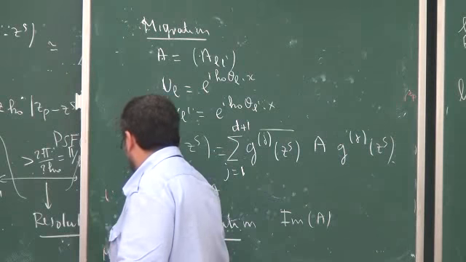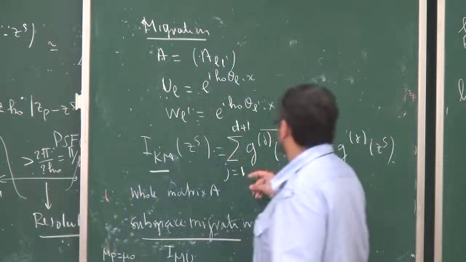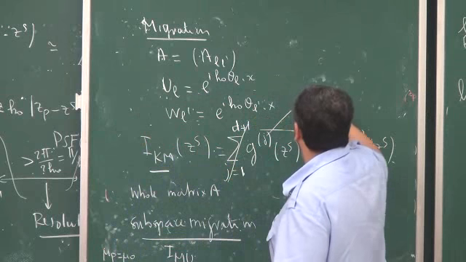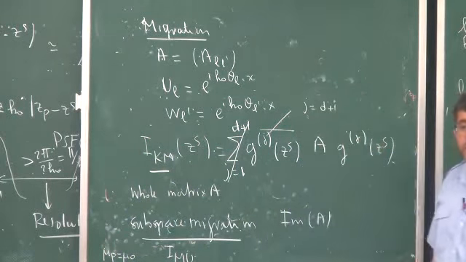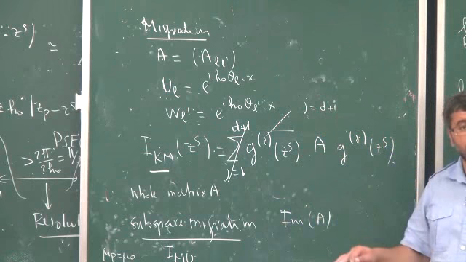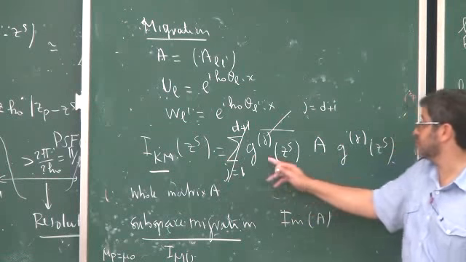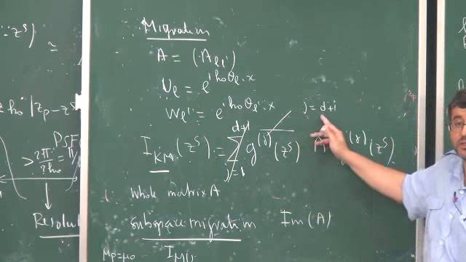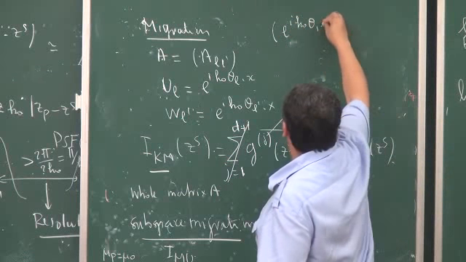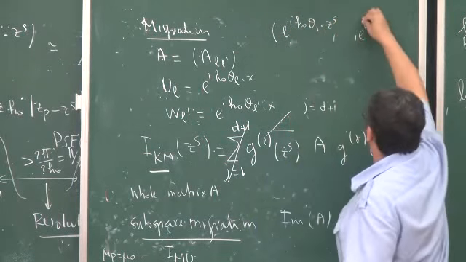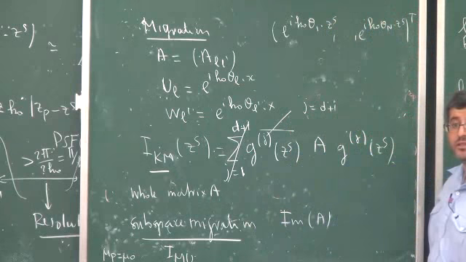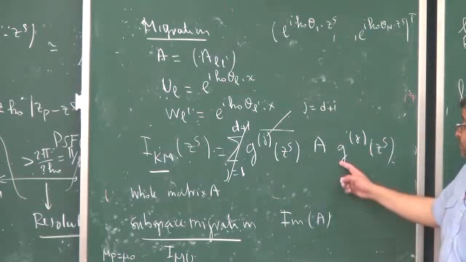And actually, if mu_p is equal to mu_0, you have one vector here. You don't sum, but you use g equal to d plus 1. It corresponds to permittivity inclusions. If you know that all the inclusions in the domain are permittivity inclusions, there is no magnetic inclusion, then the Kirchhoff would be the projection of G_{d+1}. G_{d+1} was the exponential e^{ik0 theta_1·x} times up to the exponential e^{ik0 theta_n·x}.